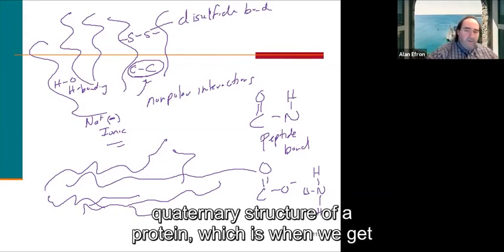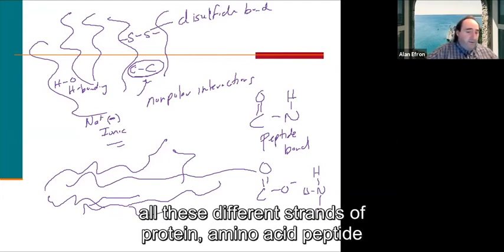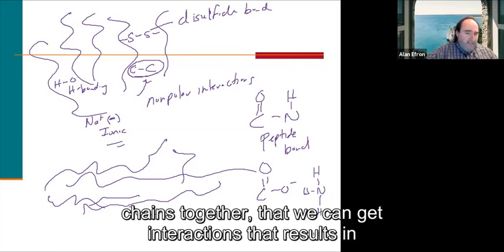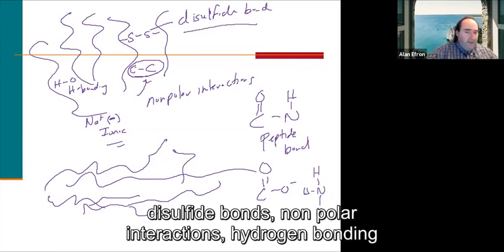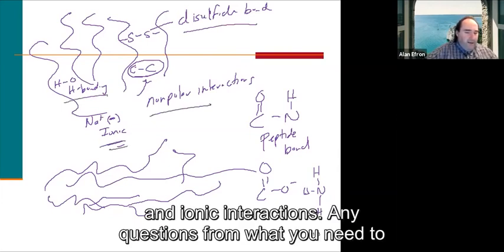And you need to know quaternary structure of a protein, which is when all these different strands of amino acid peptide chains come together, and we get interactions that result in disulfide bonds, nonpolar interactions, hydrogen bonding, and ionic interactions.